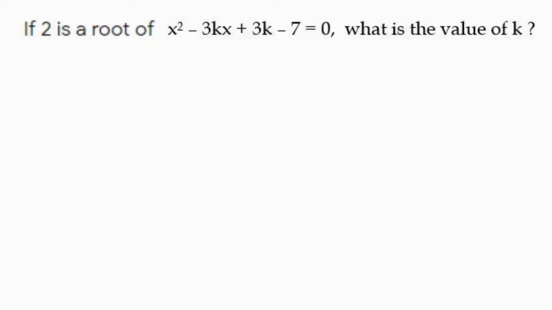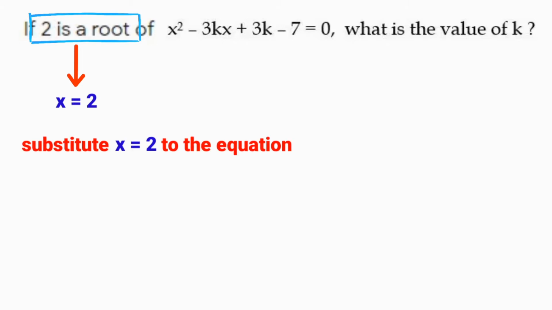If 2 is the root of x squared minus 3kx plus 3k minus 7 equal to 0, what is the value of k? Since 2 is the root of the equation, x will be equal to 2. Substitute x is equal to 2 into the equation.